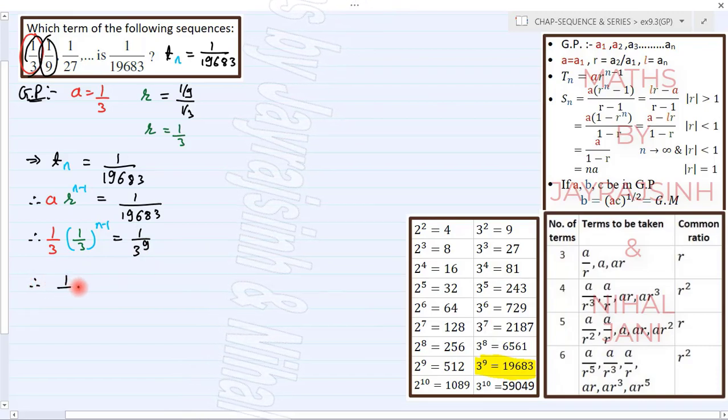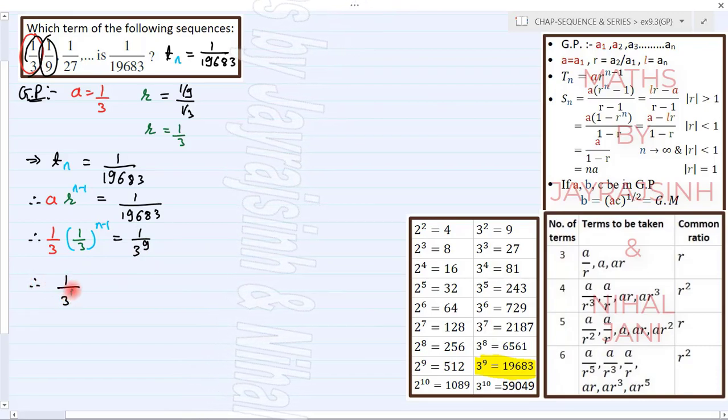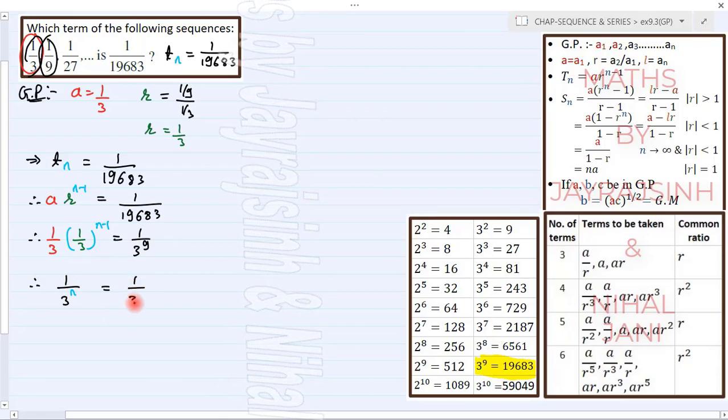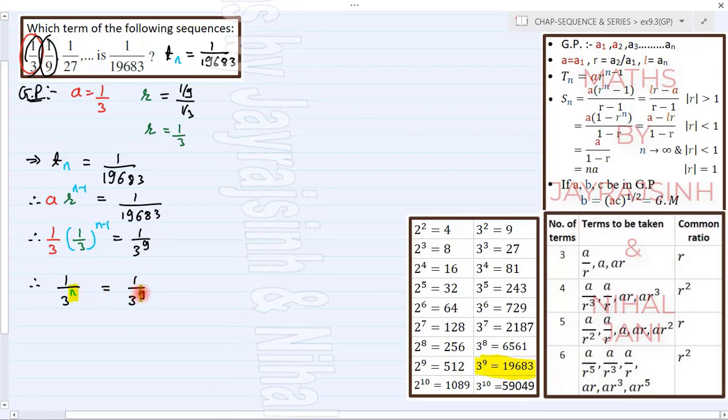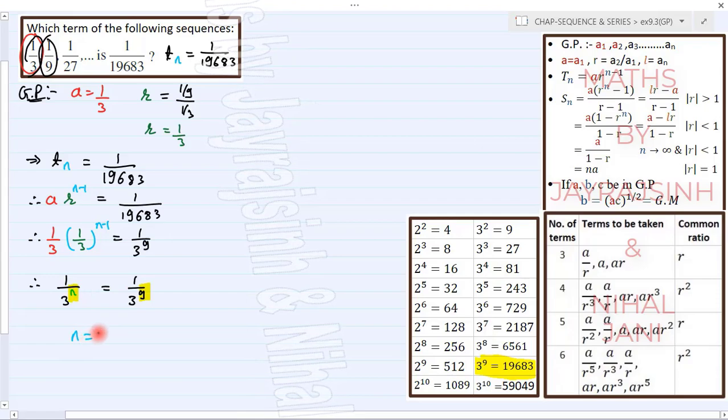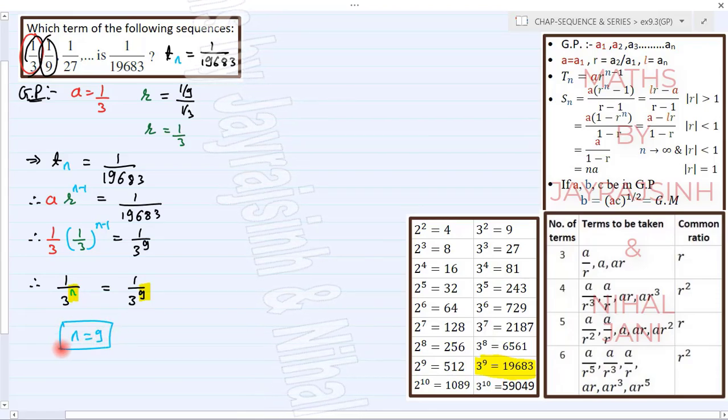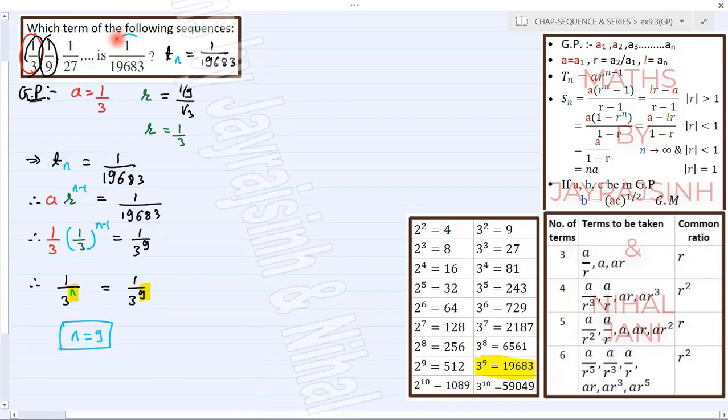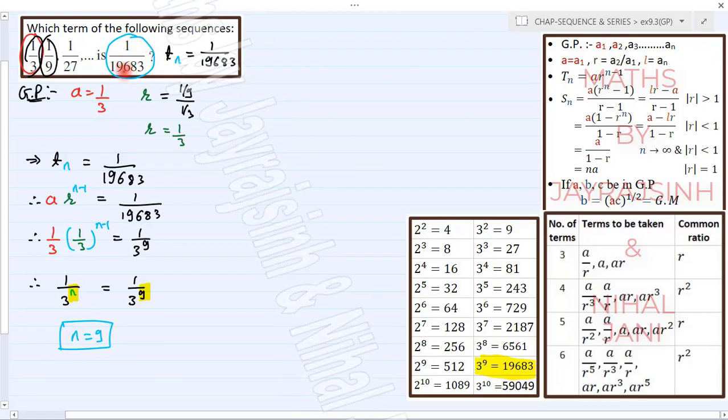So on the left hand side we'll get 1 upon 3 raised to n is equal to 1 upon 3 raised to 9, and if we compare the power of 3 we will get n is equal to 9. So the ninth term will be 1 upon 19683.